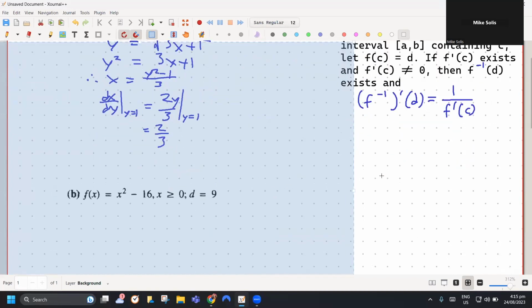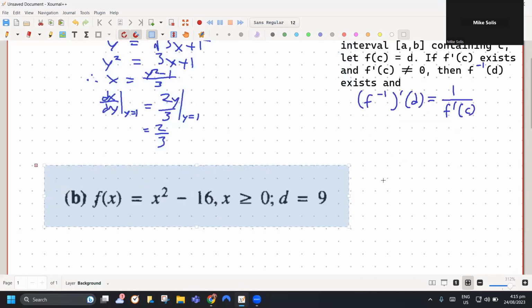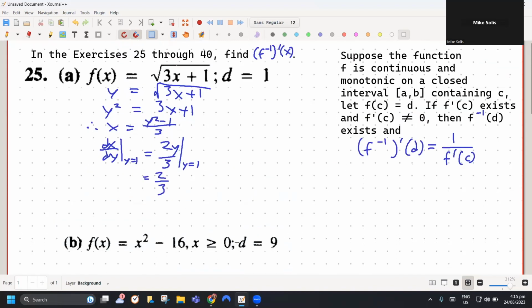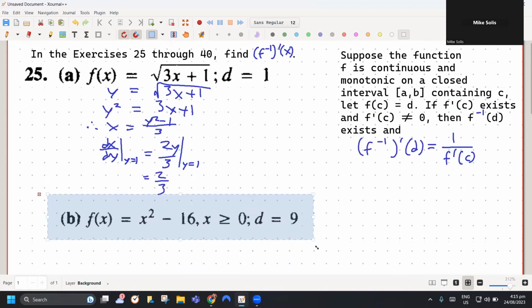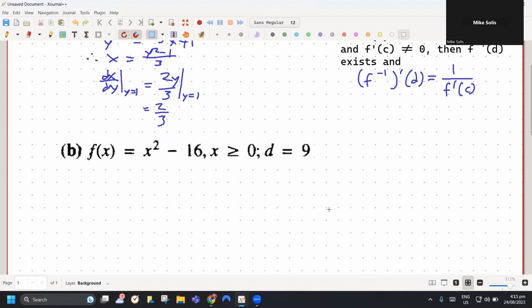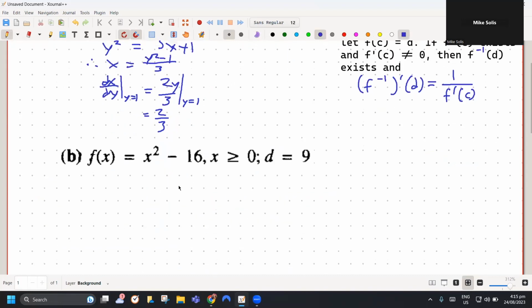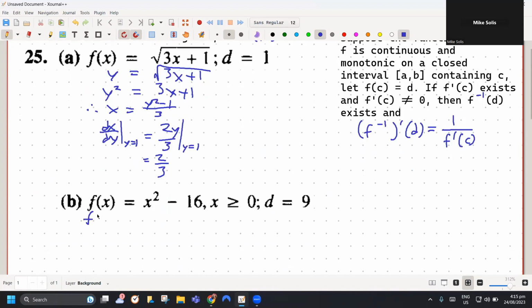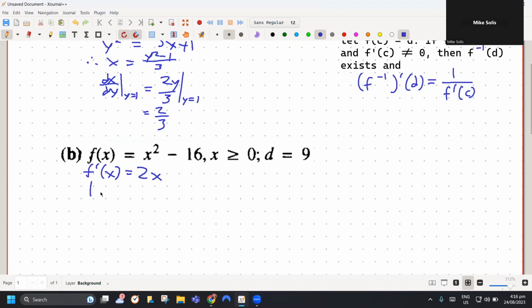Where are my glasses? So c squared minus 16.